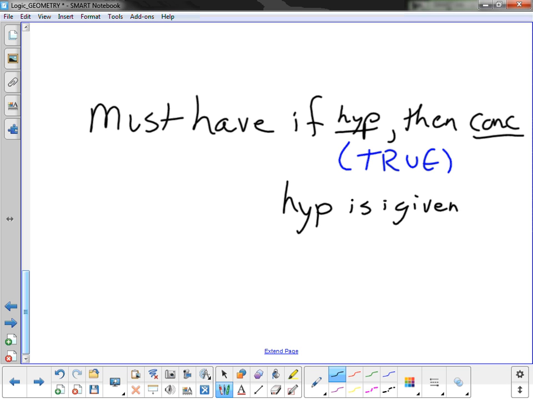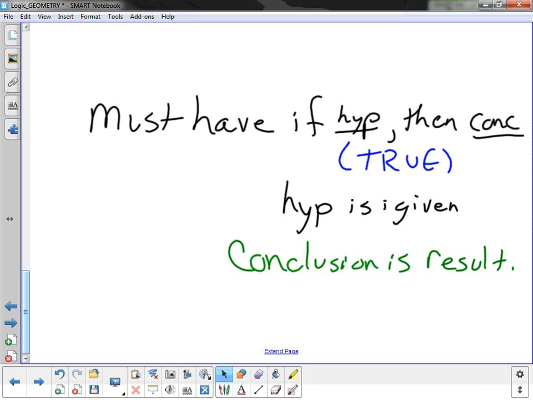So, I must have an if-then statement that is true, and I have to be given the hypothesis. So in my stuff, I have to be told that I am given a hypothesis. If that's the case, the conclusion is the result. Whatever the conclusion of your statement. That's the law of detachment.